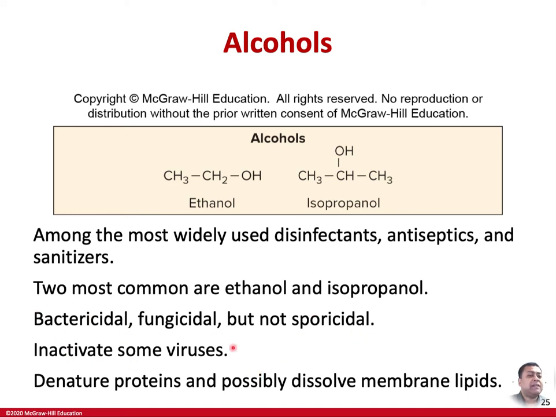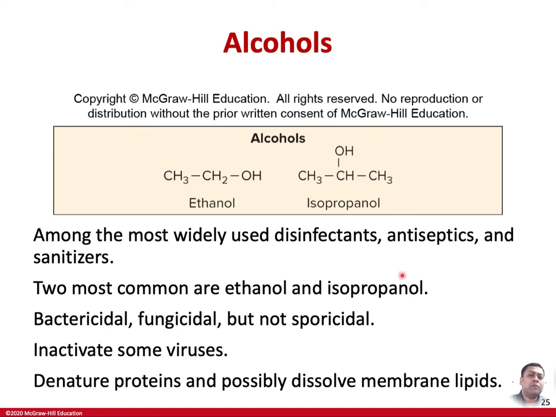They can inactivate some of the viruses as well, particularly the enveloped viruses, having a membrane, which are completely killed by the alcohols, whereas the naked viruses, which just have a protein capsid and don't have an envelope, are resistant to these. The process by which they act is that they denature proteins and also possibly dissolve some of the membrane lipids.